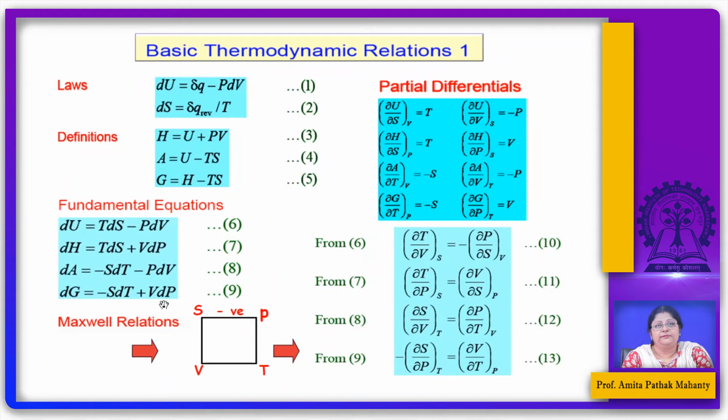From this one we can say the first differential of G with respect to temperature at constant pressure will be equal to minus S. From this I can read this, right? What does that mean? Minus del G by del T at constant pressure is equal to minus S. What does that mean?